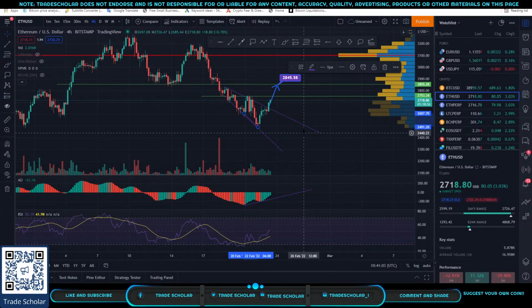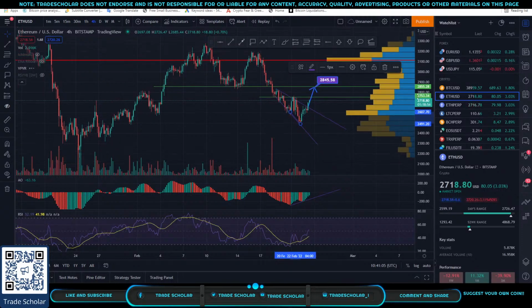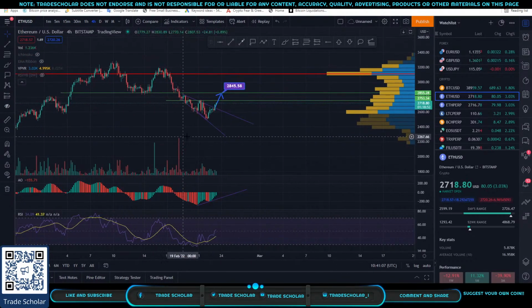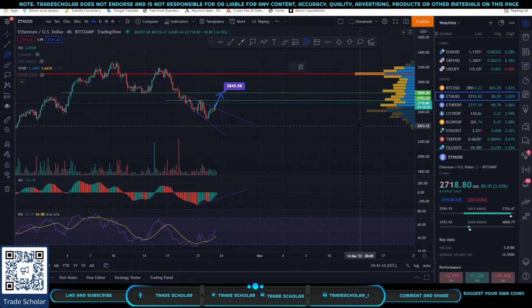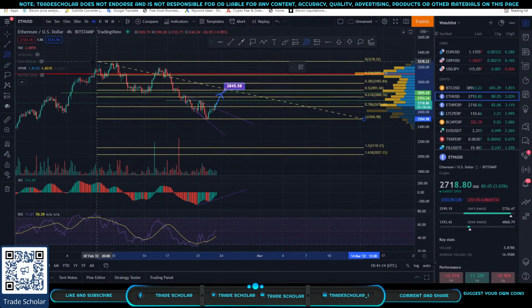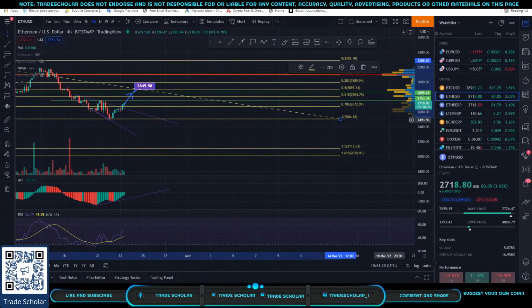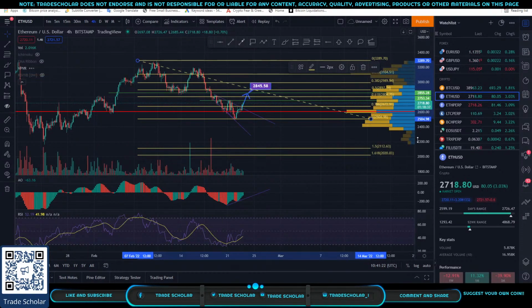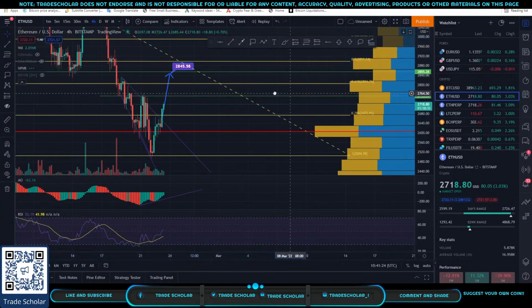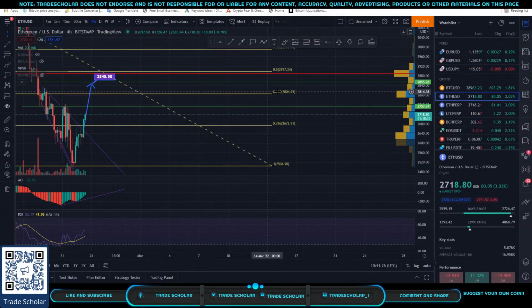If you want to trade this one, just pull out some lines. Bottom. Our next resistance area will be at the 0.618. Make sure we break this one.